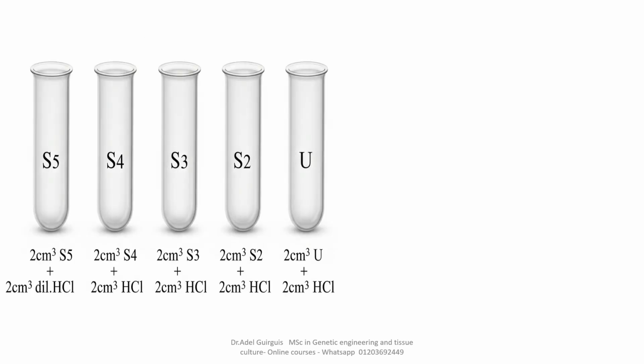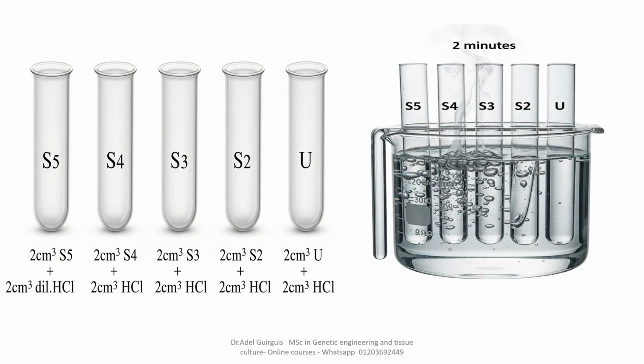Now here is a summary of steps. We put 2 cubic centimeters of sucrose solution samples from the beakers into test tubes. Then we add 2 cubic centimeters of dilute HCl to each test tube. Then we put all the test tubes in the water bath.